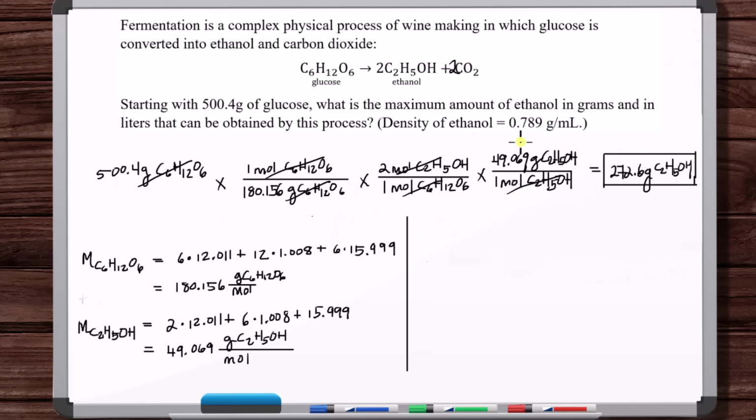Okay, so that's starting with 500.4 grams of glucose. If all of that is consumed, then you end up with 272.6 grams of ethanol. How many liters of ethanol is that? All right, so let's write out what we have.